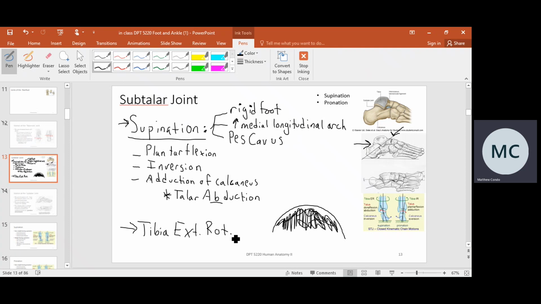So we have to address the mechanics. We have to understand the intricate nature between each of these joints and between each of these body parts if we're really going to truly understand how the human body works. So supination, like I said, plantar flexion, inversion, adduction of the calcaneus. What we're going to see is that the adduction of the calcaneus is most likely going to happen when we're non-weight bearing.